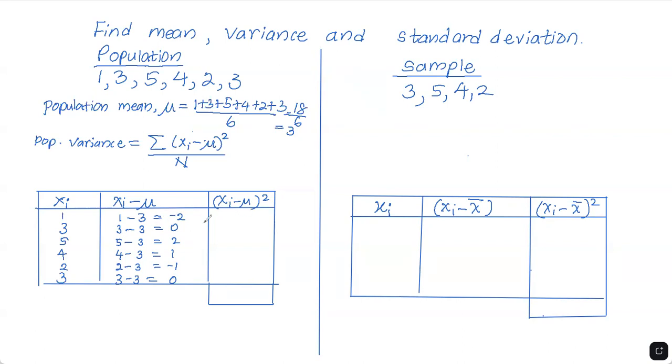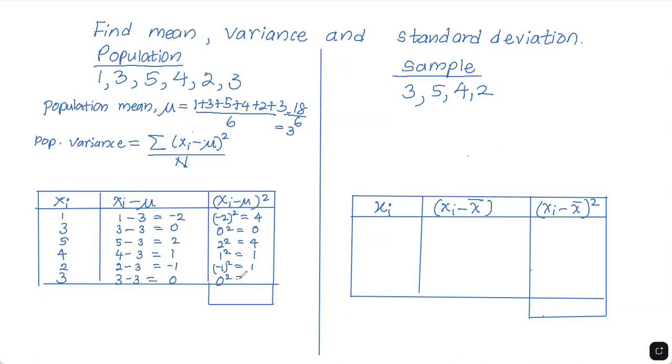Now you have to square those differences. So negative 2 squared is 4, 0 squared is 0, 2 squared is 4, 1 squared is 1, negative 1 squared is 1.